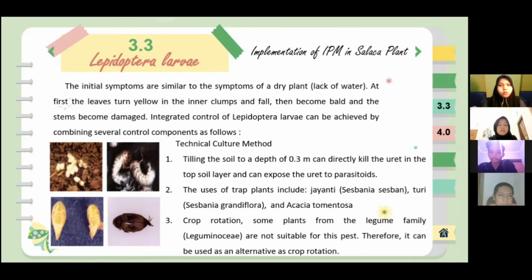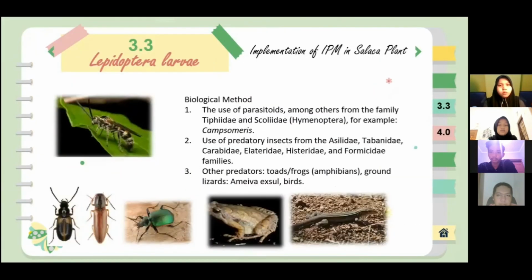Next, biological method. First, the use of parasitoids, among others from the families Tiphiidae and Scoliidae, for example Campsomeris.